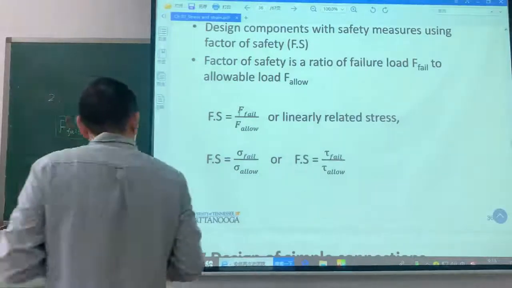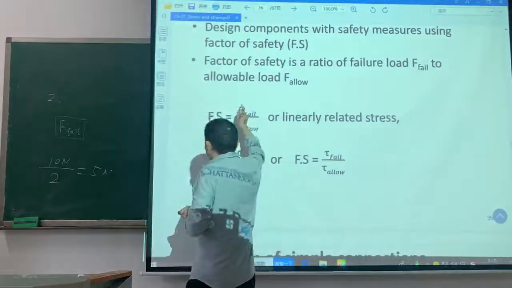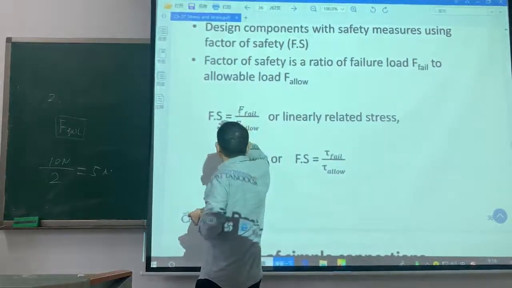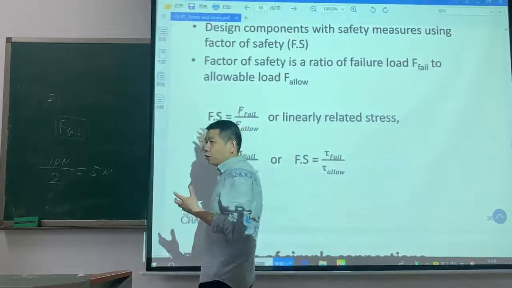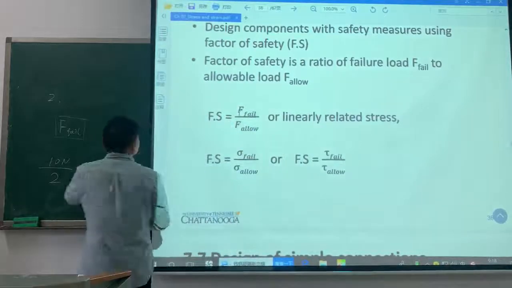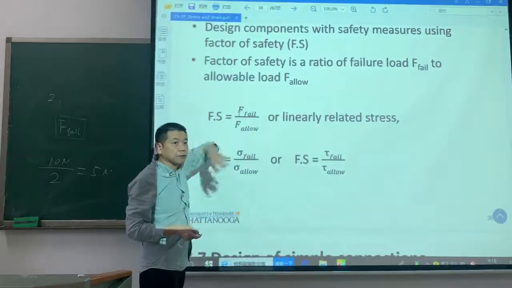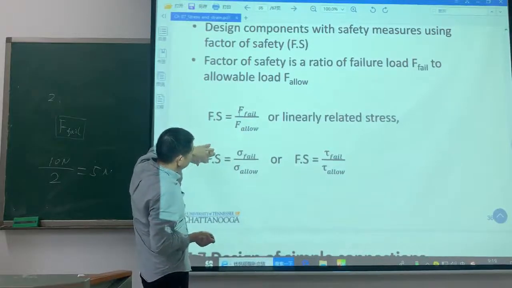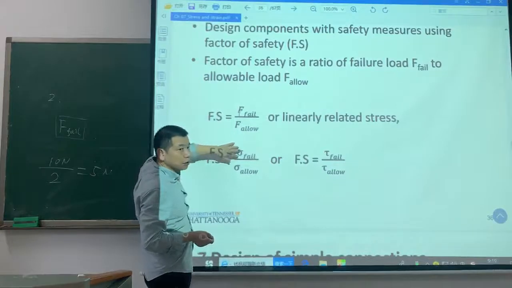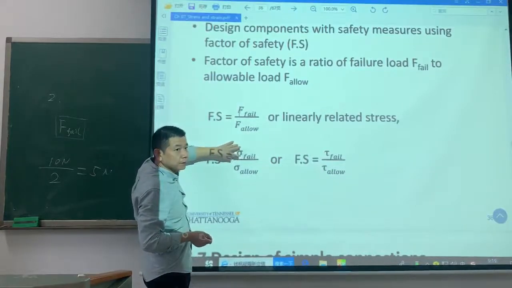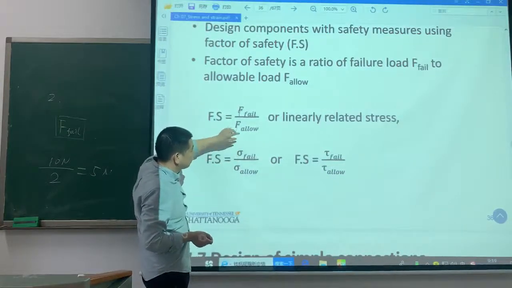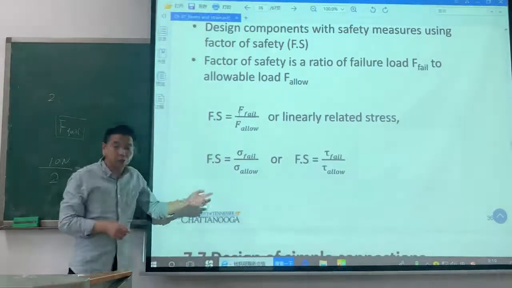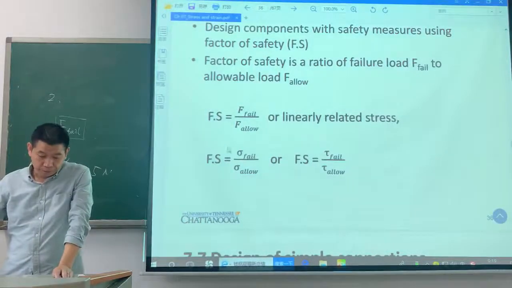So, failure loading divided by allowable loading is the factor of safety. The factor of safety can also be gotten by sigma failure over allowable stress.